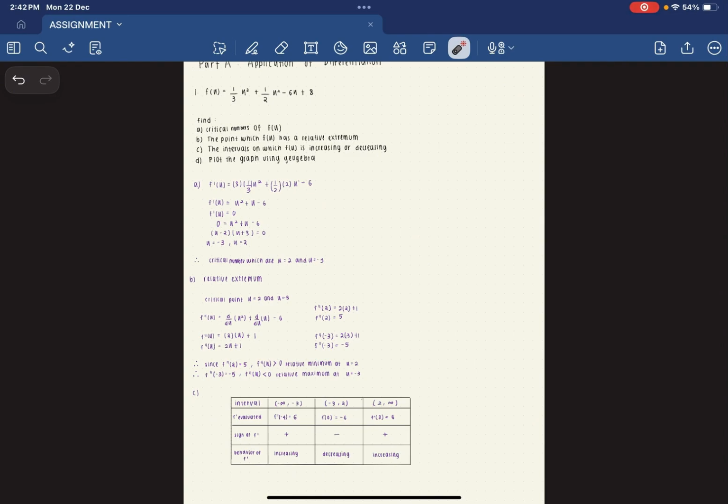For the second interval, negative 3 to 2, I choose 0 as a test number, and I get negative 6, which is negative, so it is decreasing. For the last interval, 2 to positive infinity, I choose 3 as a test number, and the sign of f prime is positive, so it is increasing.